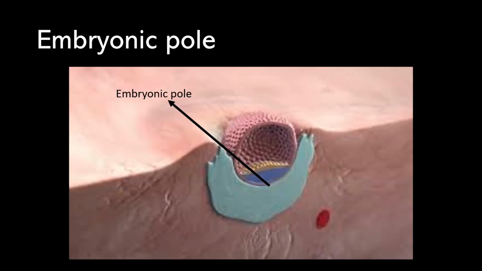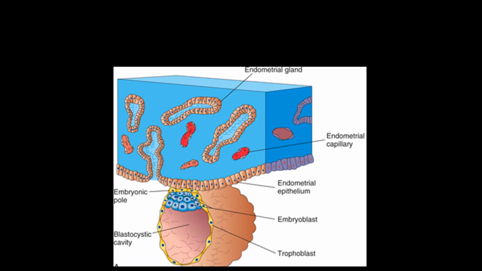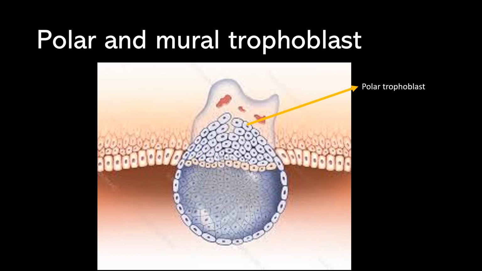Here, the cells of the inner cell mass are attached to one pole, called the embryonic pole, and the rest of the area is called the abembryonic pole. The cells which surround the embryonic pole are called the polar trophoblast, and the trophoblast cell layer present in the rest of the area is called the mural trophoblast.